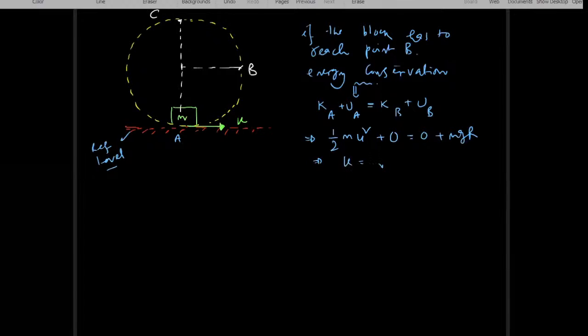So we will get u equal to root under of 2gr. That seems to be very fine. There is no problem with this.